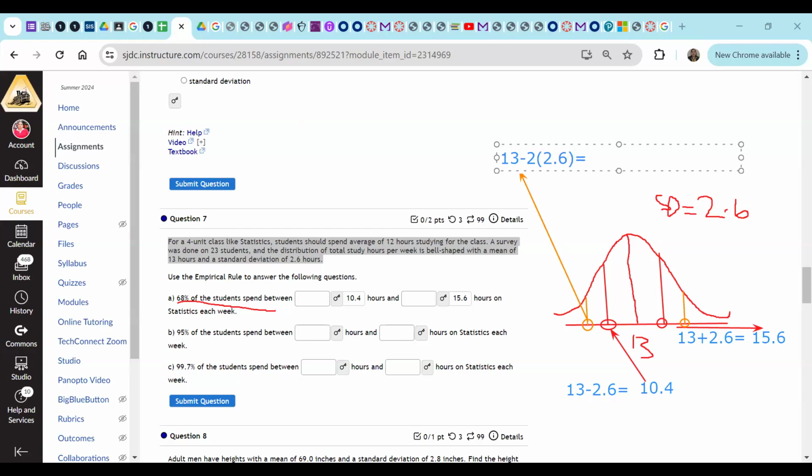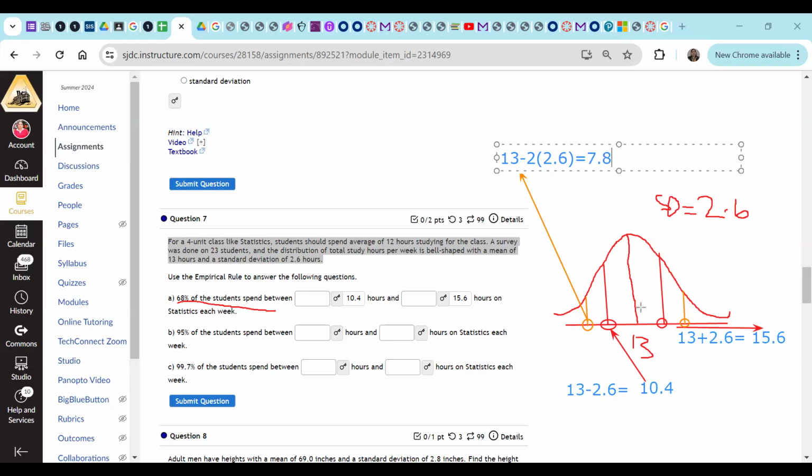Use your calculator: 13 take away 2 times 2.6 is 7.8.